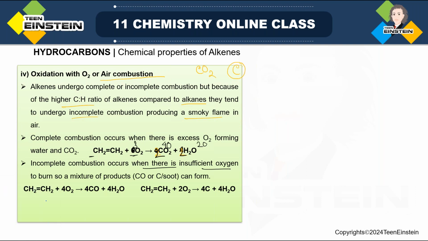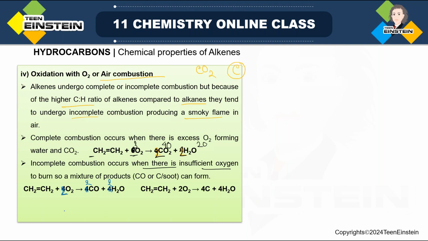Now look at these products, what difference we are having here. So C2H4, suppose we have 4 CO2, so this will be 2. Now if it is 2 CO and 2 H2O, so total number of oxygen is 4.